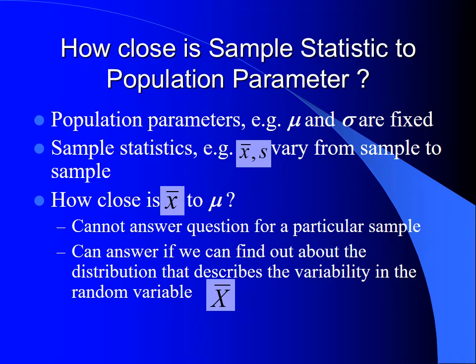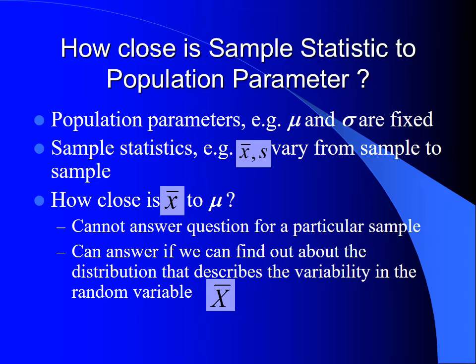Population parameters mu and sigma are fixed, so they don't change for that population. Now if we take one sample, we may get X bar and a standard deviation for that sample. From sample to sample, this X bar and the standard deviation of the sample also vary.